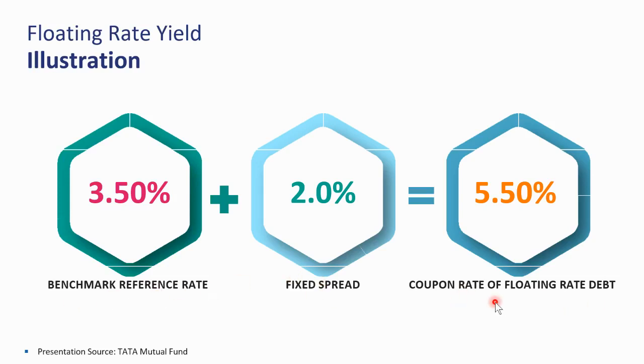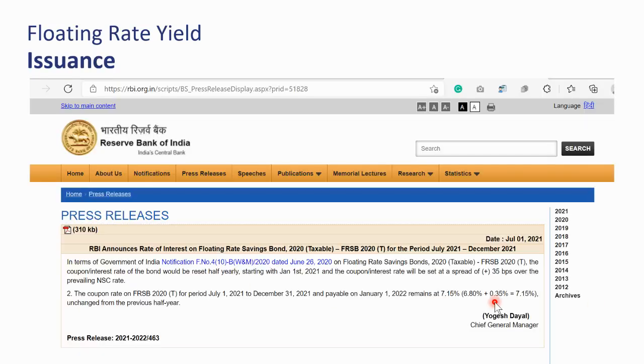So this is how the combination will keep working. Now, just to give you a brief illustration about it, just recently, just a month ago, on July 1st, RBI released a new floating rate bond, and this particular bond was benchmarked at a floating rate.